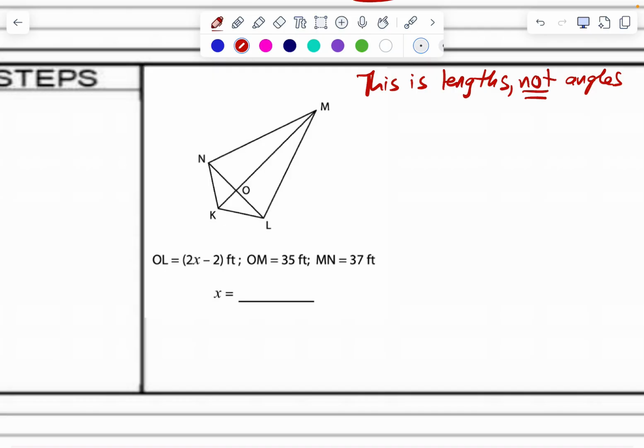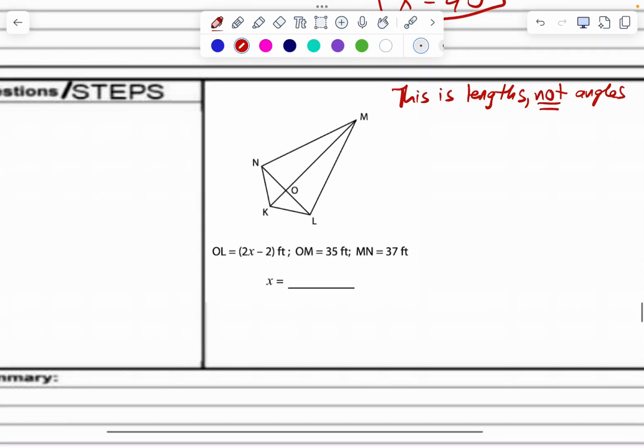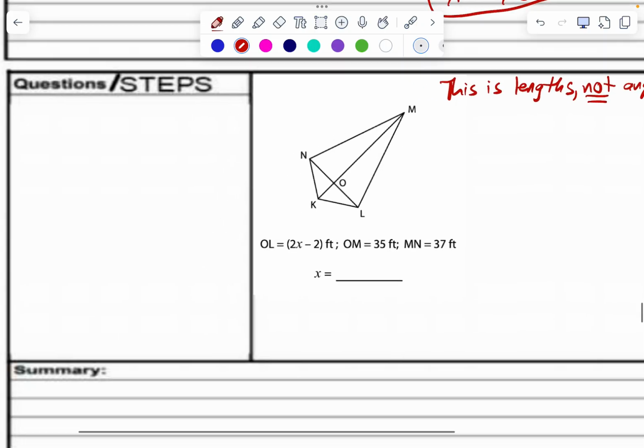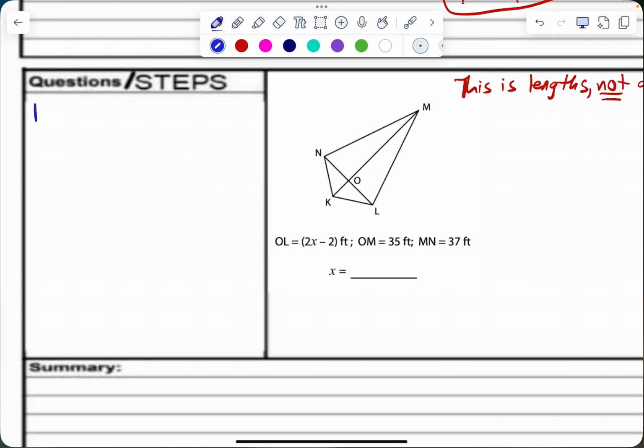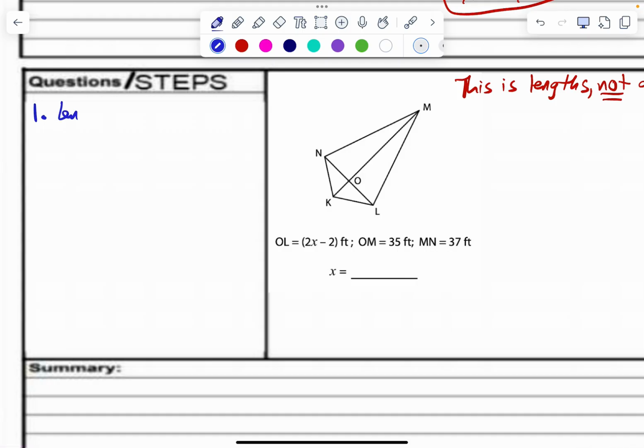And I would say label your picture with what you know. The reason that we're doing lengths or angles, I mean, I think it's obvious, but sometimes students get mixed up and use an angle property on lengths, like setting it equal to 180 or something. And that just doesn't work.